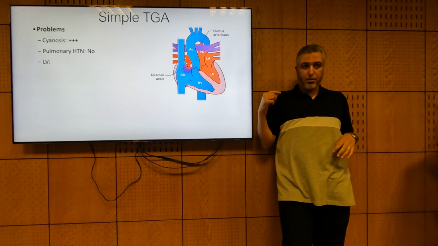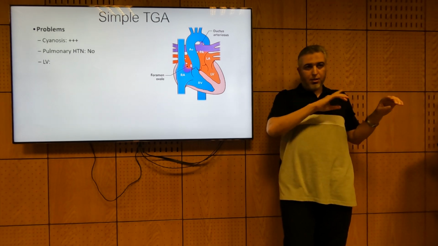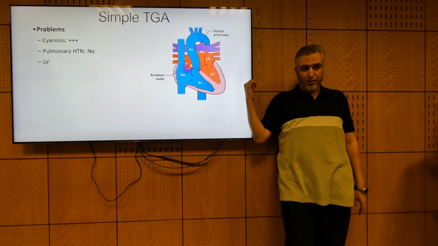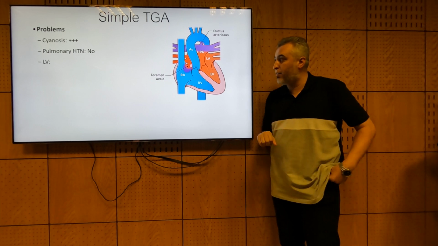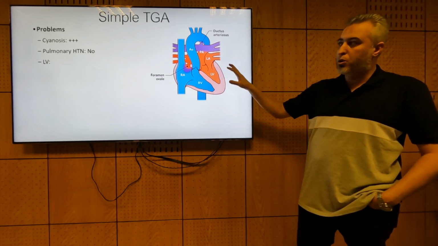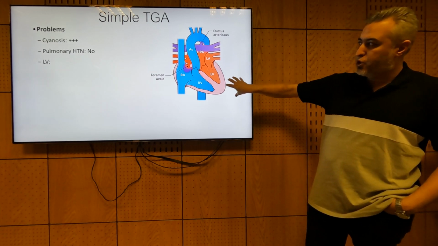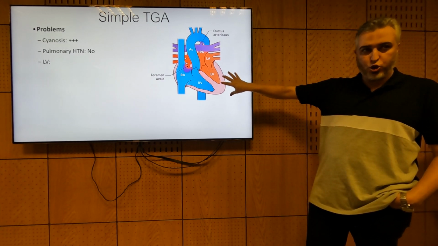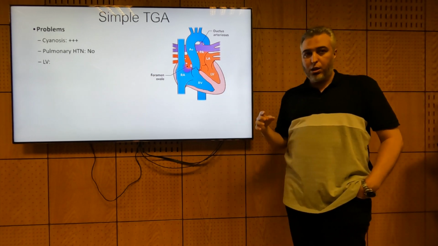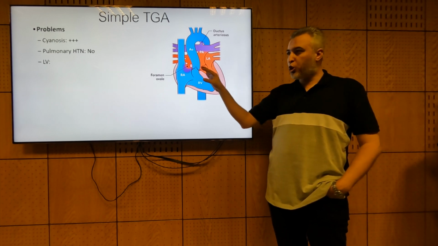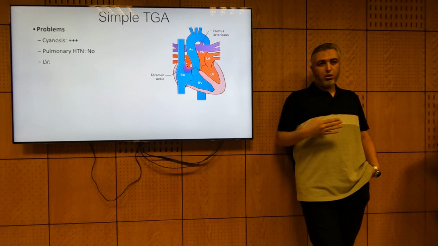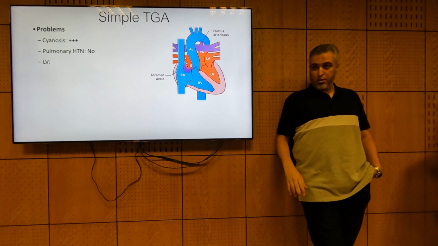We've discussed last time that the bigger the ASD, the quicker the deconditioning, because of the quick volume unloading of the LV. If there is any VSD or LV outflow tract obstruction, but in this patient there is no VSD, there's no LV outflow tract obstruction, so LV will start deconditioning quite quickly, and the LV stops being able to sustain systemic pressure, something like after 3 to 4 weeks.